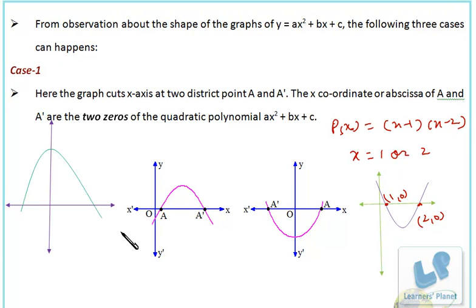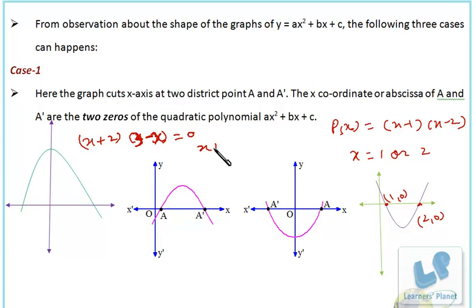Now suppose I have a quadratic polynomial (x plus 2)(x minus 3), or in fact I can say it's (3 minus x)(x plus 2). Now I have to draw the graph of this, right? Now what happens over here?